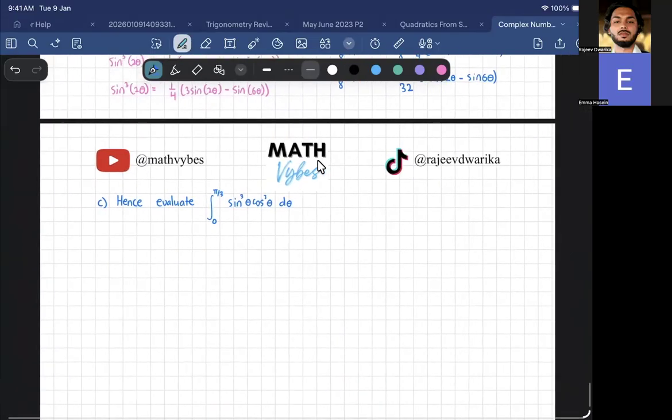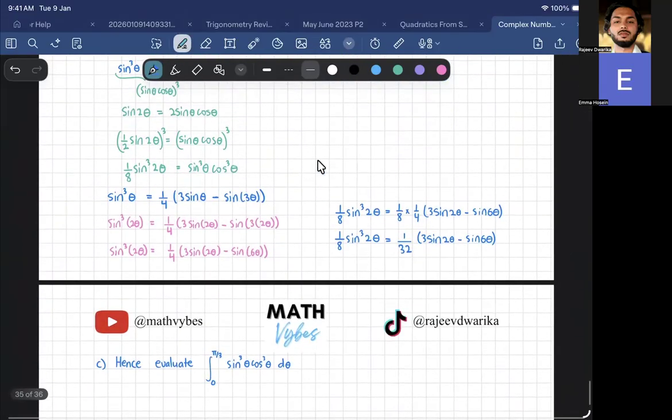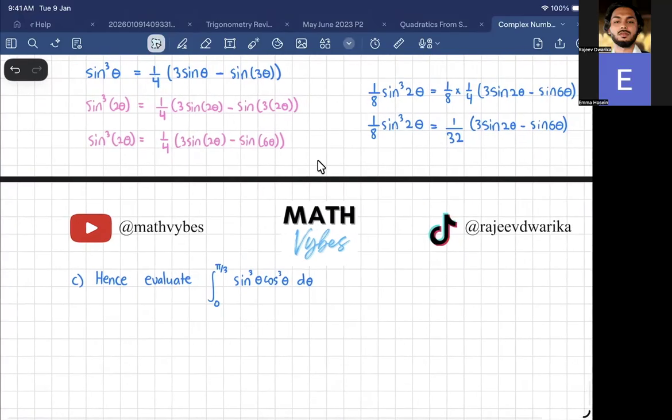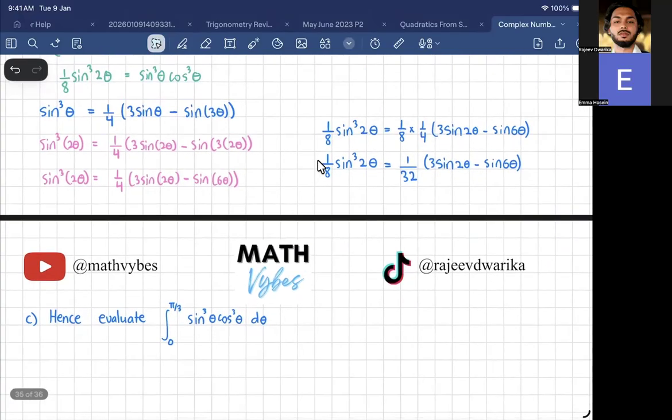It's really, really tough to integrate trig functions when they're raised to a power. So you always try to bring it into a form where you're multiplying the angle by something, using one of the trig identities. So we actually did that.